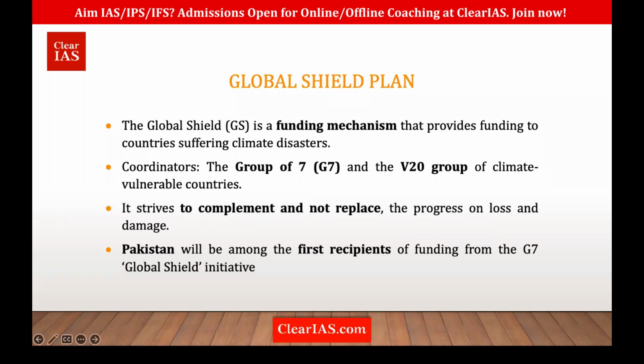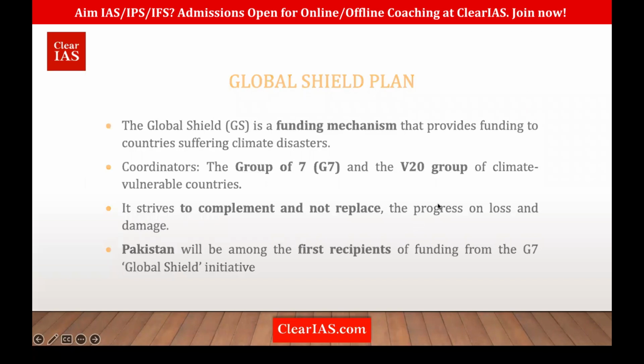And you must remember who is the first recipient of Global Shield Plan? It was Pakistan, due to what? Last year they had floods. Global Shield Plan is going to give its first aid to Pakistan. Pakistan was devastated last year due to floods. Okay, so that is Global Shield Plan.